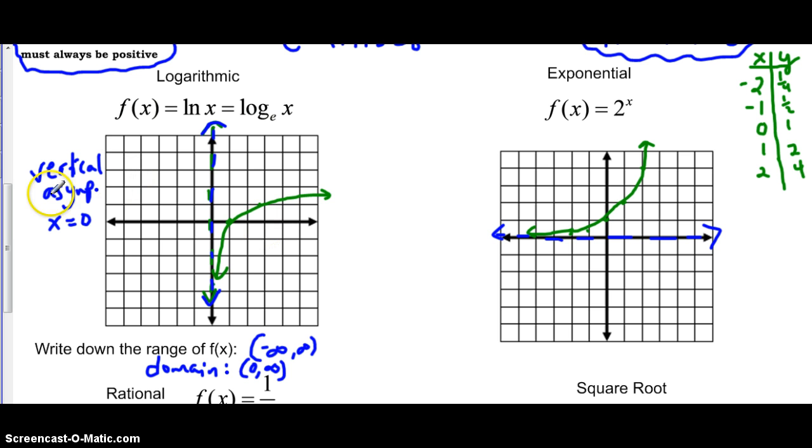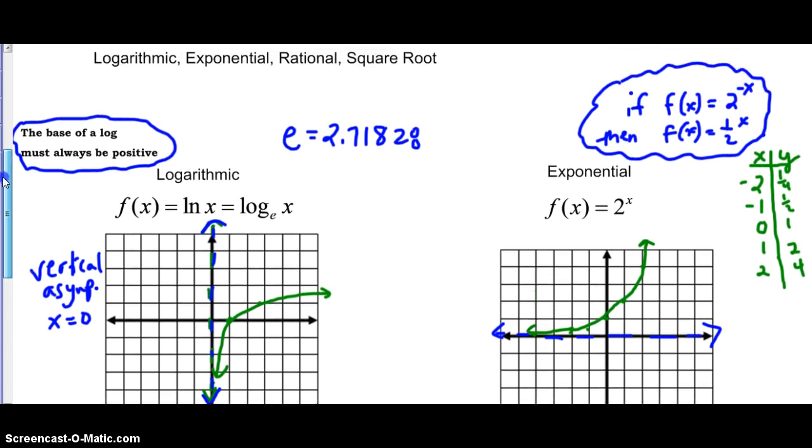All right, let's take a look at our exponential function. Remember, we have exponential growth, or we could see exponential decay. An example of exponential growth is 2 to the x power. And an example of exponential decay could be written as 2 to the negative x, which is also 1/2 to the x power. We talk a lot about exponential growth with money.